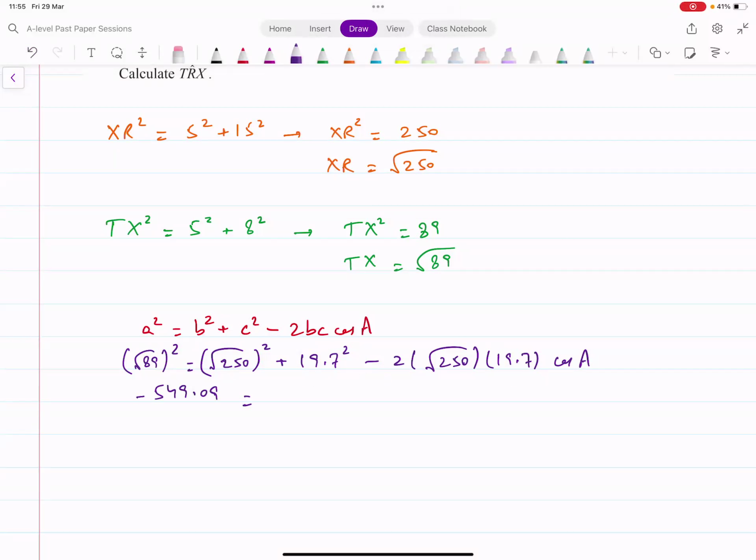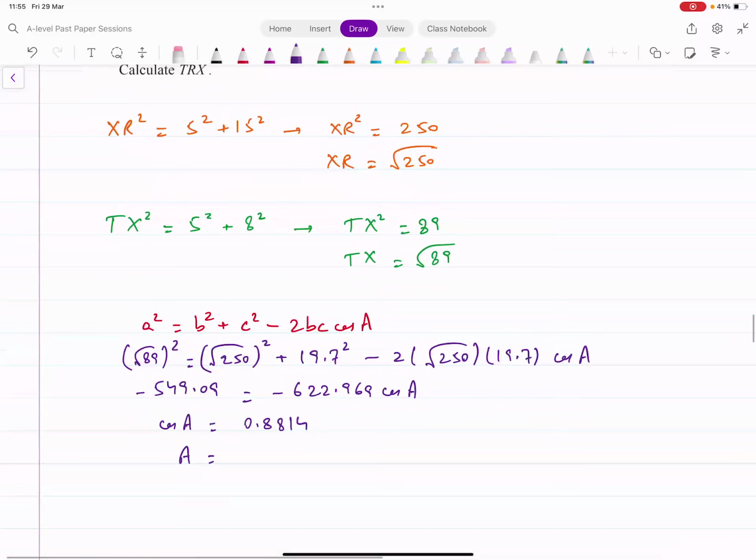Let's evaluate this as well. 2 into square root of 250 into 19.7. And that's giving me minus 622.969 cos A. And cos A turns out to be 549.09 divided by that. That's 0.8814.